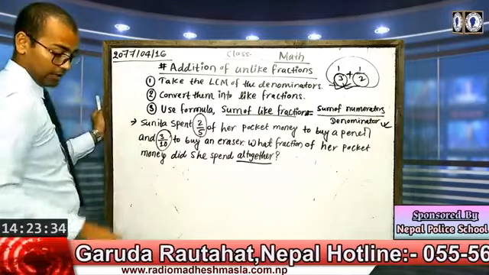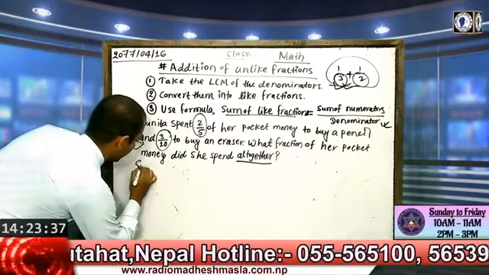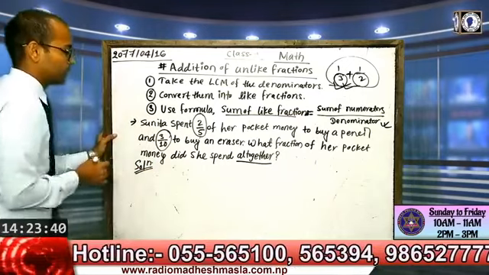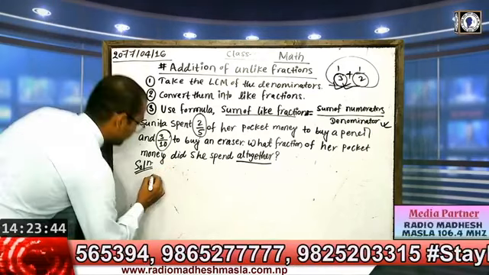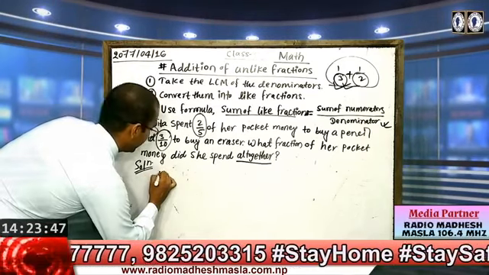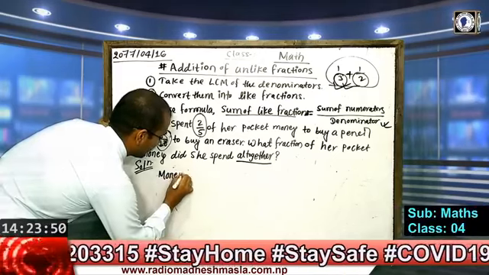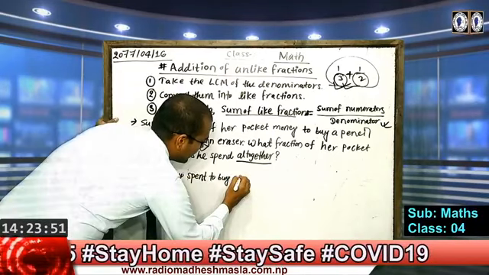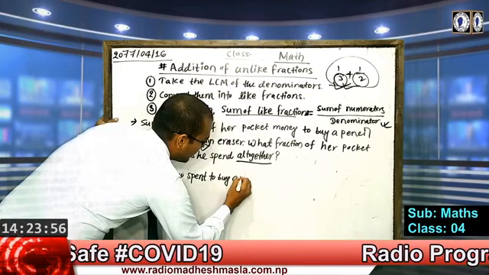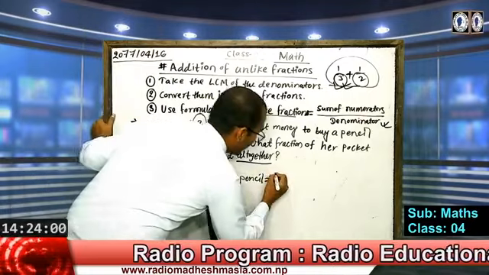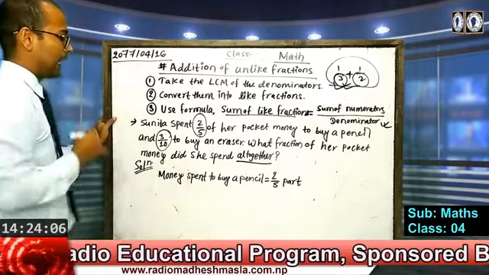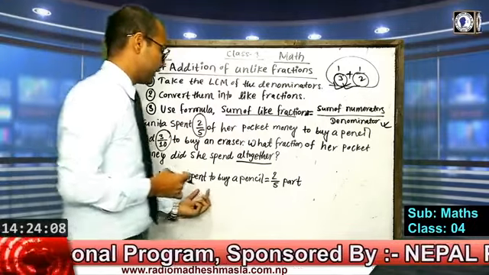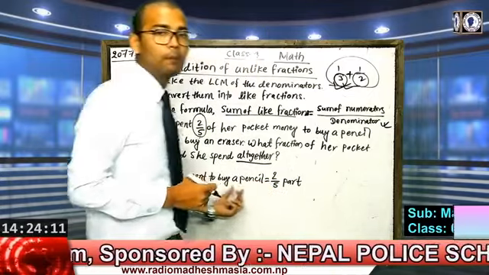Solution. The money spent to buy a pencil is equal to 2/5 part.